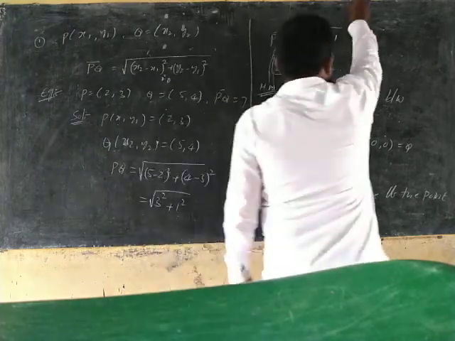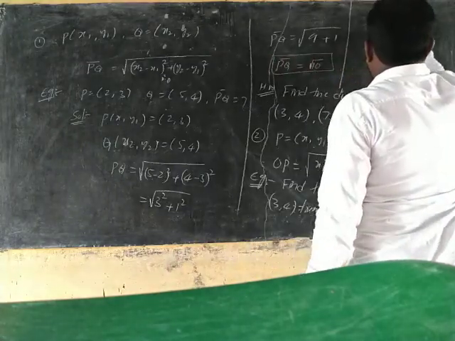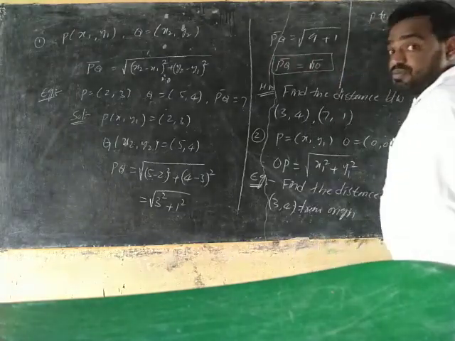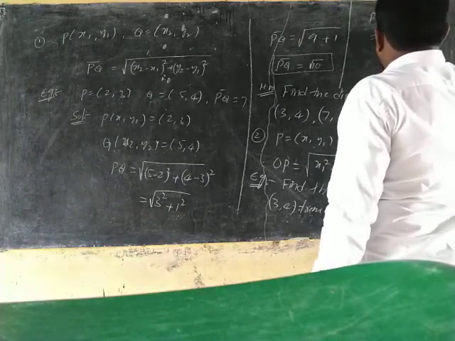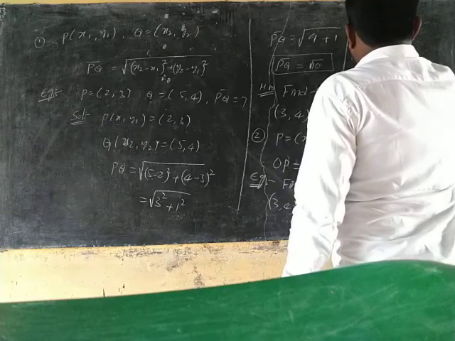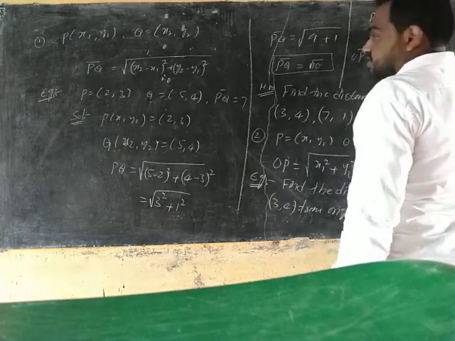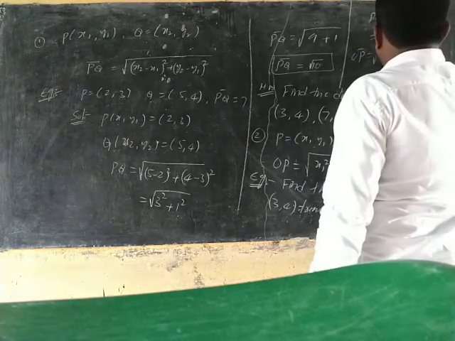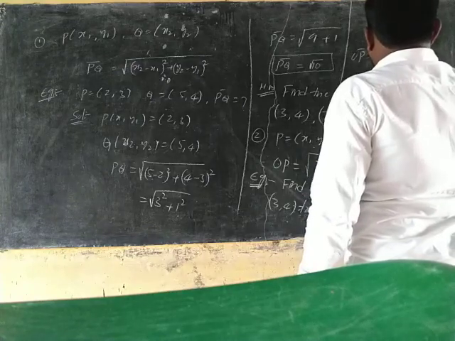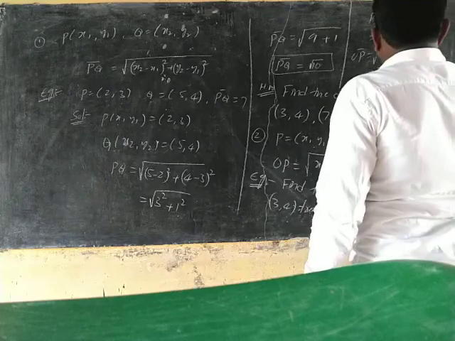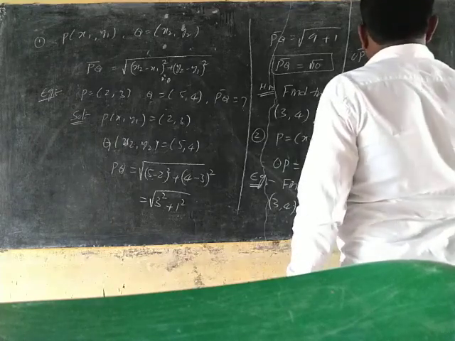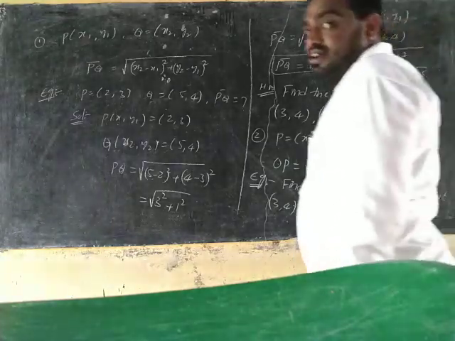How are we solving this one? Here P(x1, y1) is equal to (3, 4). Now the O to P distance is equal to what? Square root of x1 square plus y1 square. 3 square plus 4 square. 3 square value 9, 4 square value 16, 9 plus 16 is 25. Square root of 25 is equal to 5 units is the distance.